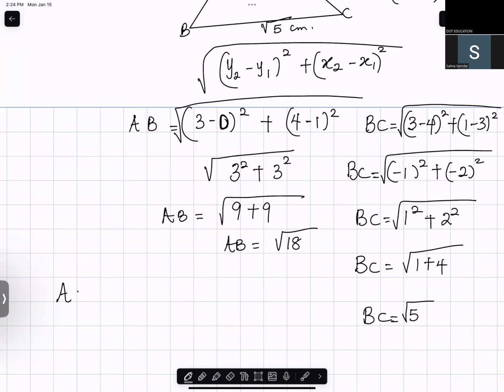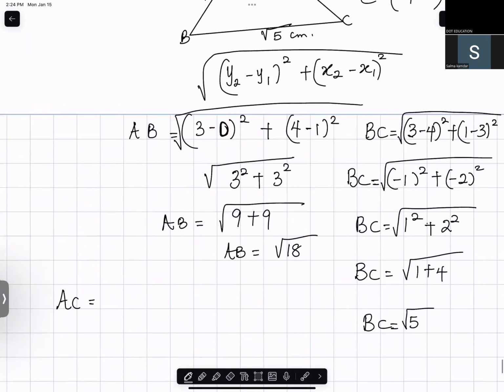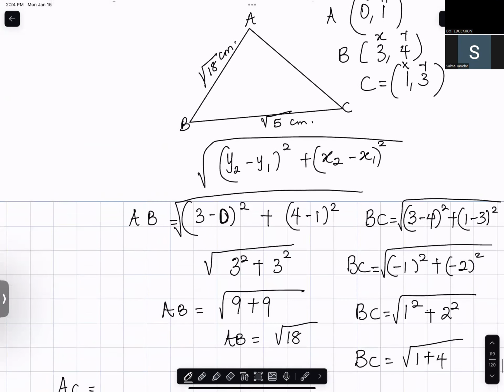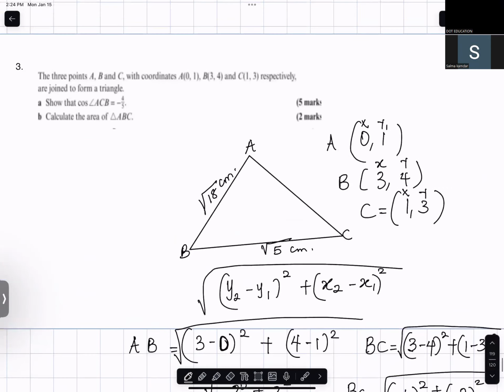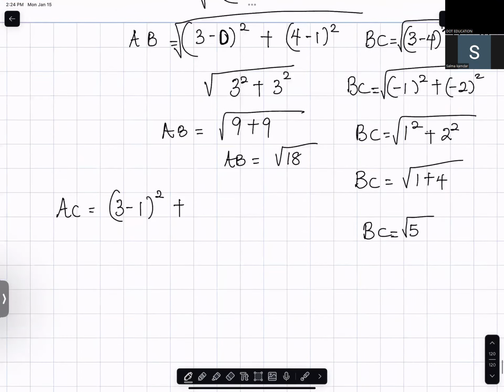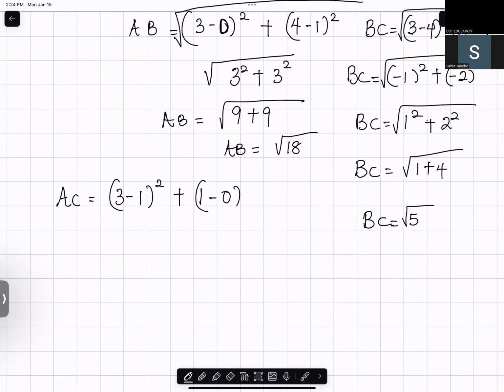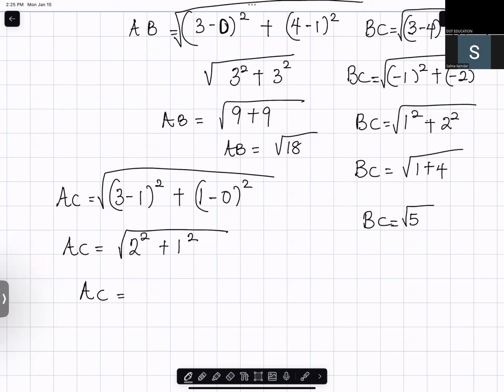Using the same formula, for our AC we have 3 minus 1 squared plus 1 minus 0 squared, into my roots. So AC is equal to 2 squared plus 1 squared. AC is 4 plus 1. So my AC is root 5.